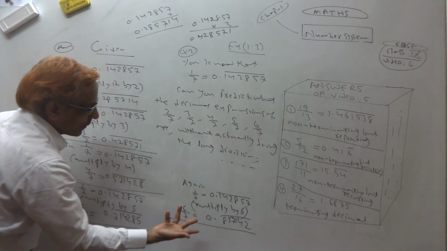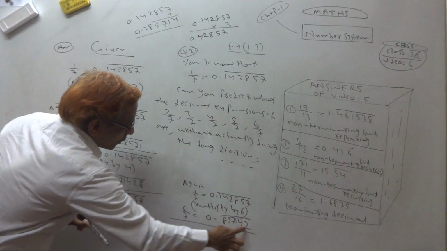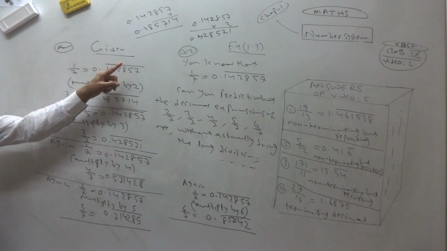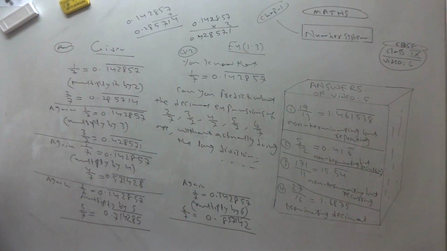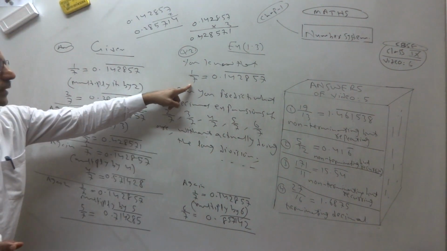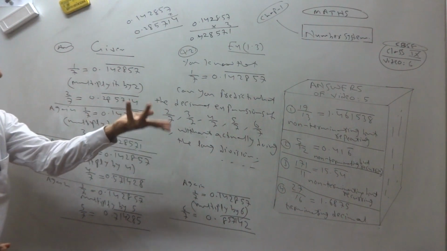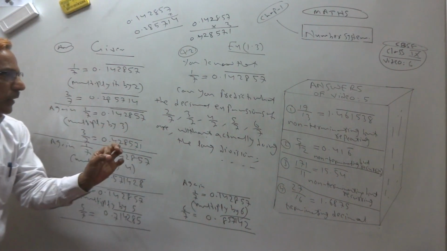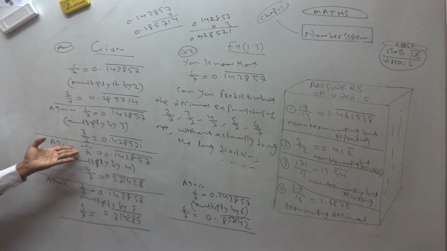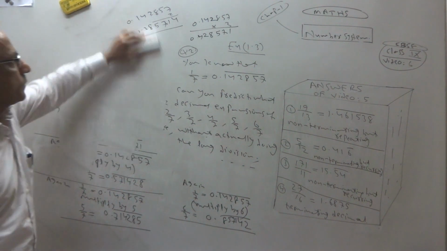What is 6 by 7? 142857. Got it? So same digits are there in the other results. So this was question number 2. What this question was? 1 by 7 is given and asking, can you predict 2 by 7, 3 by 7, 4 by 7? Yes. Simply what? Multiplied by 2, you got 2 by 7. Multiplied by 3, you got 3 by 7. Like that. Finished? Question 2 completed.